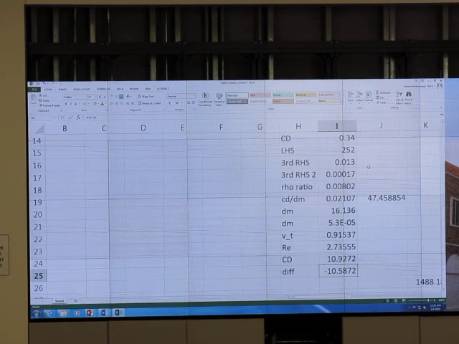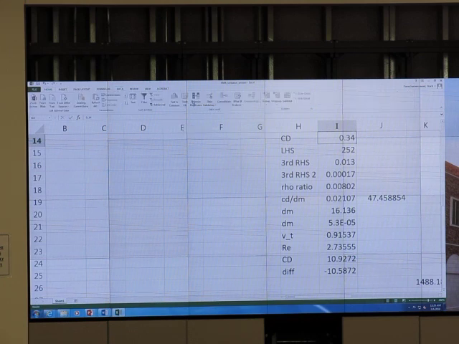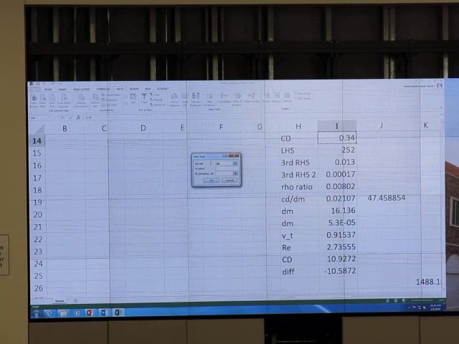I use Goal Seek. Who has not used Goal Seek before? Tell me. Everyone has used Goal Seek before? Is that so? If I select anyone to come to the podium, you can do it. So I click Data, What-If Analysis, Goal Seek, set the value in that cell to be 0 by changing the input cell.